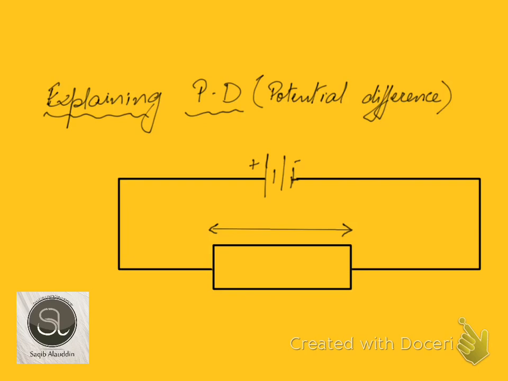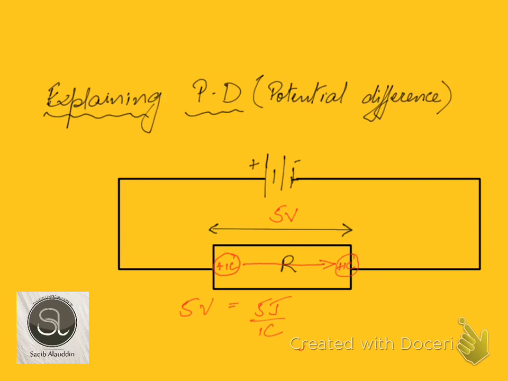For example, we have a resistor and we say that the potential difference across this resistor is 5 volts, which means when 1 coulomb charge is moving through this resistor from one point to the other end, it will dissipate, it will consume 5 joules of energy, which means 5 volts means every 1 coulomb charge will dissipate or consume 5 joules of energy.